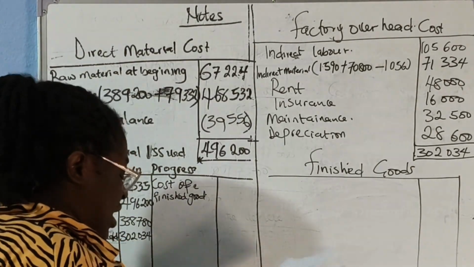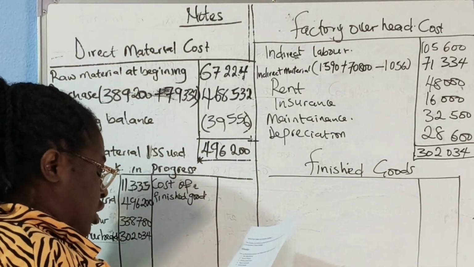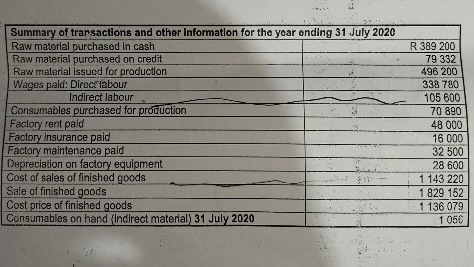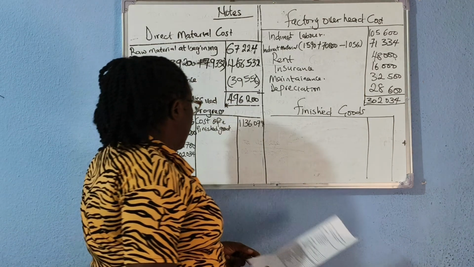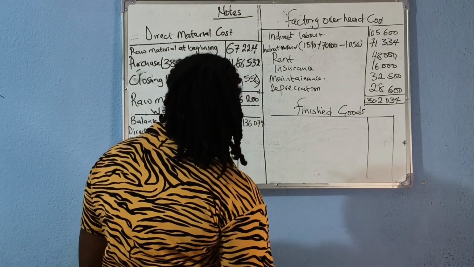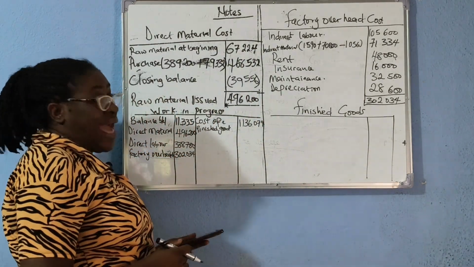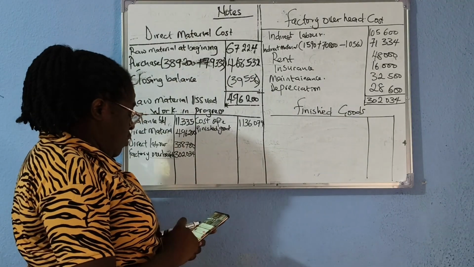The cost of finished goods was given to us as 1,136,079.